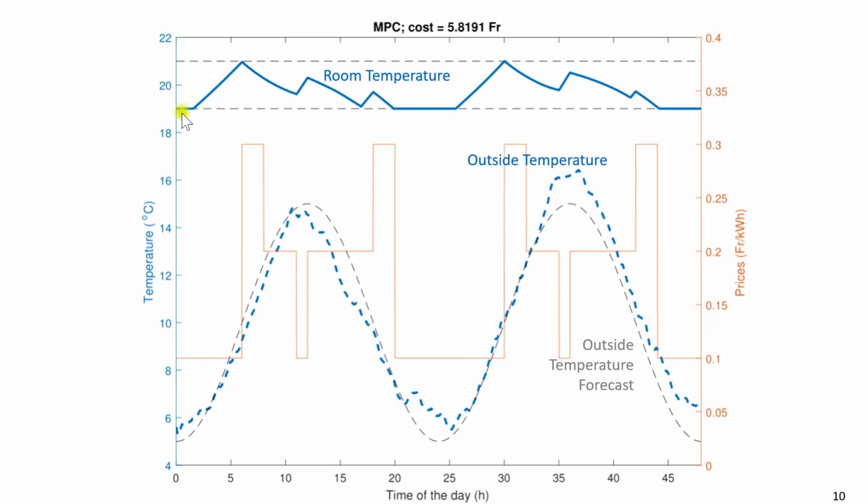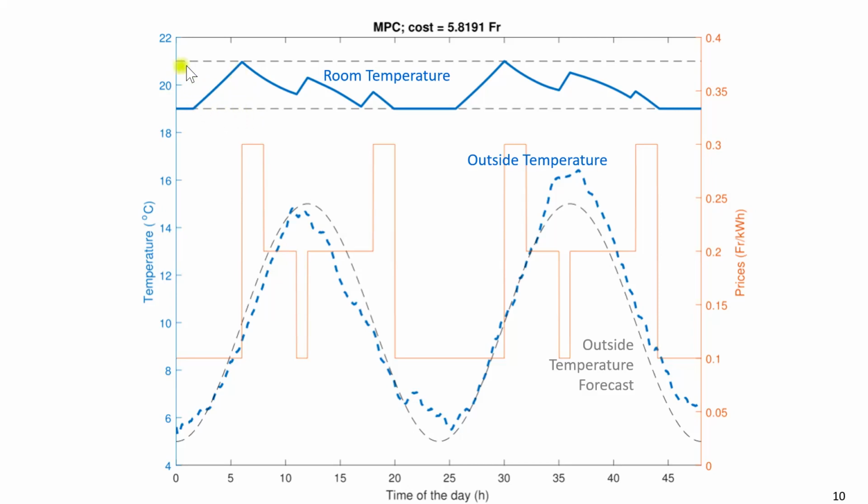And let's see how the MPC has reacted. In the middle of the night, the temperature was the lowest possible. And we see that the MPC is anticipating. During this period of time, the prices are very low, but here the prices will be high. So the MPC is anticipating that the prices will be high, and it does it at the last minute, as late as possible.